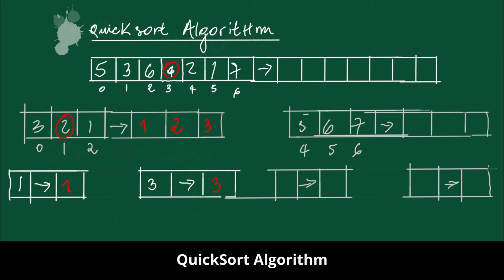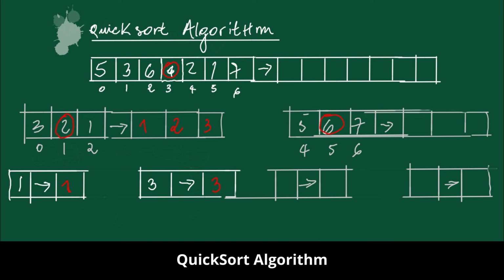In this case, the first index is the number 4, plus the last index is number 6, divided into 2. In this case, 4 plus 6 give 10, divided into 2 give 5. The pivot is the element that's located at the index 5. In this case, our pivot is 6.